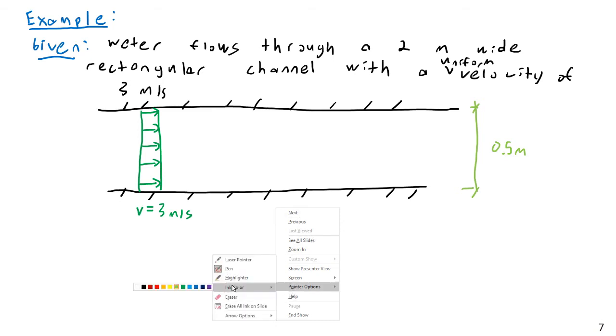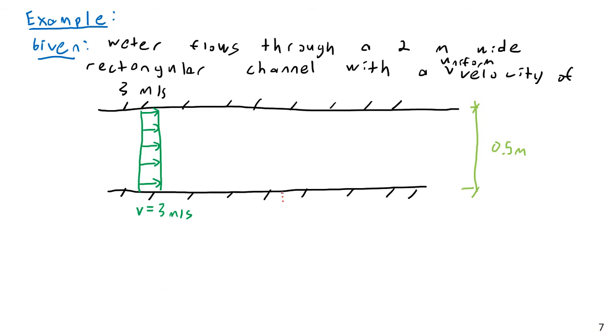And I want to analyze a control volume ABCD. It's not going to be a simple rectangular control volume. It's going to be at an angle here, a trapezoid, I guess.